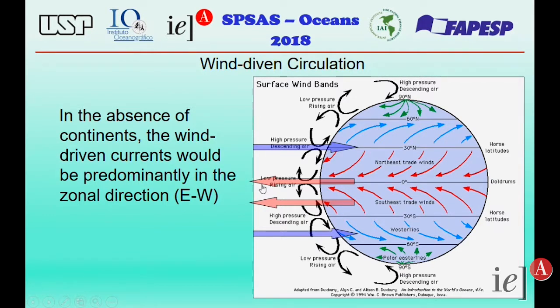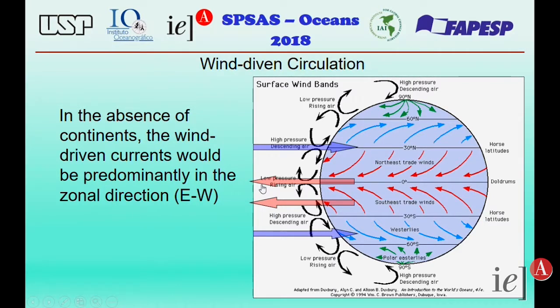As I said, because of the balance of forces, and mainly because of the Coriolis effect, the current at the ocean surface is not necessarily in the direction of the wind. It's kind of to the right in the northern hemisphere and to the left in the southern hemisphere.